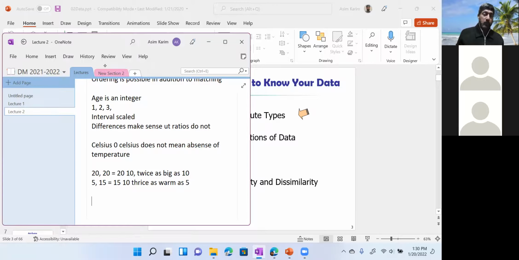So 0 K is absence of temperature. And of course, most physical quantities that we measure are ratio scale, for example, length, area, weight, and so on. So all of these are ratio scaled.